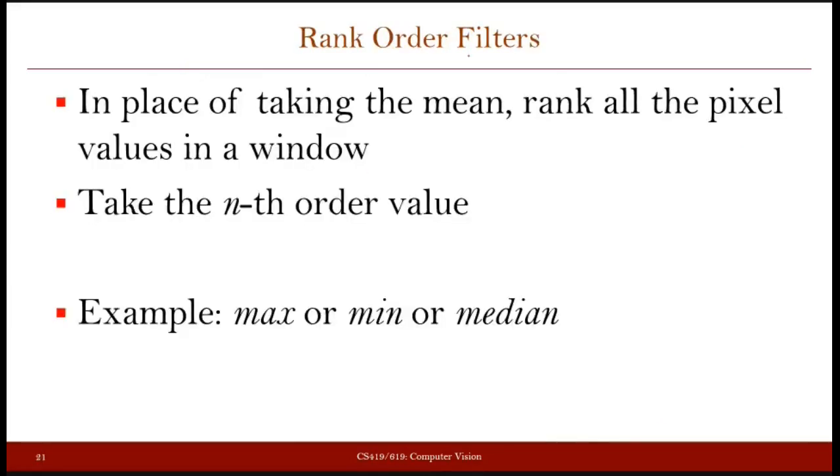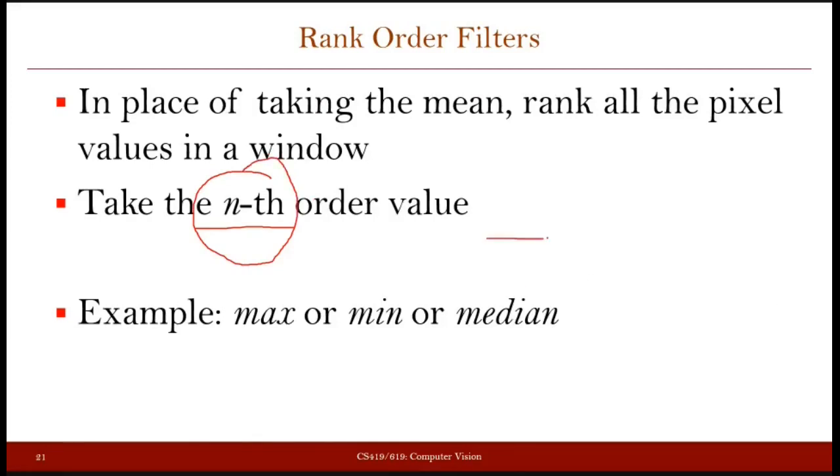In the case of rank order filters, we do exactly the same as in median filtering, but in the case of the median filter we consider the median of the values as the output, while in the rank order filter we consider some nth order value as the output.